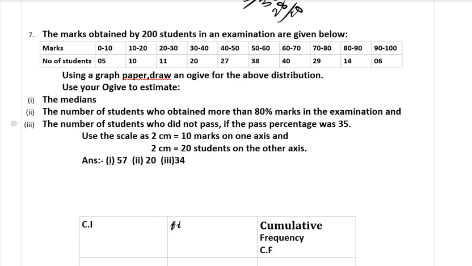Now use the scale as 2 centimeters equal to 10 marks on one axis, and 2 centimeters equal to 20 students on the other axis. What they are saying is this one axis is your x-axis. Number of students is your cumulative frequency, which will be your y-axis, right?